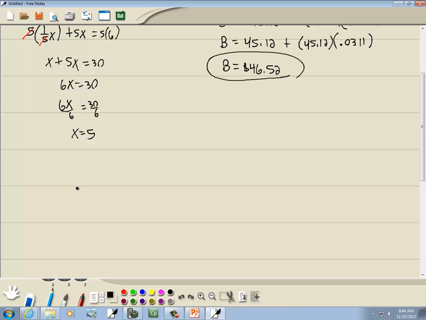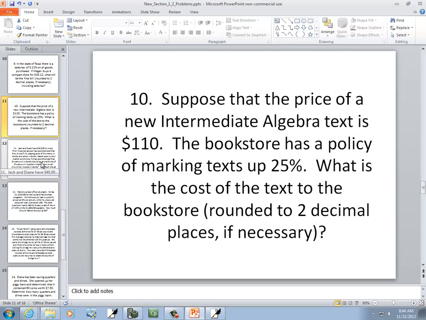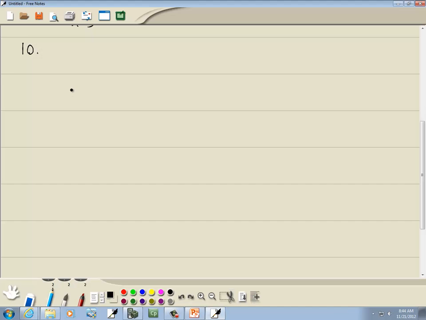Okay, number 10. It says, suppose that the price of a new Intermediate Algebra book is $110. Bookstore has a policy of marking text up 25%. What is the cost of the text to the bookstore? So we're going up. Okay.